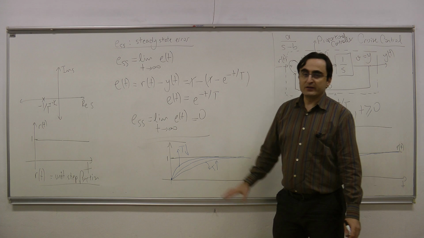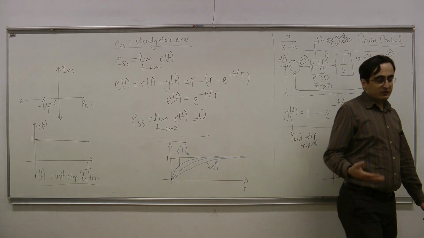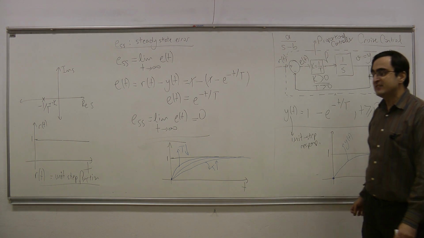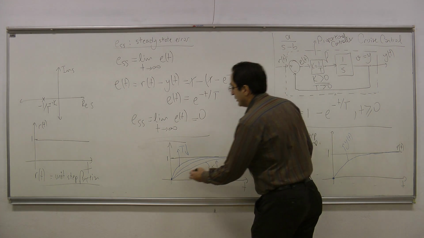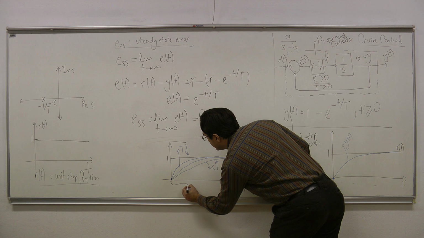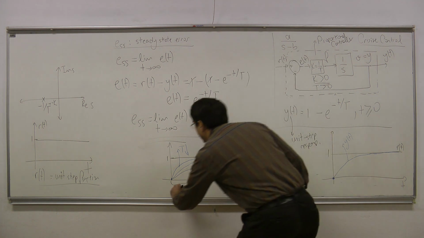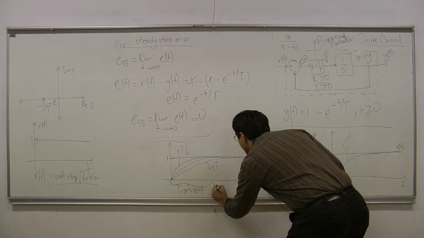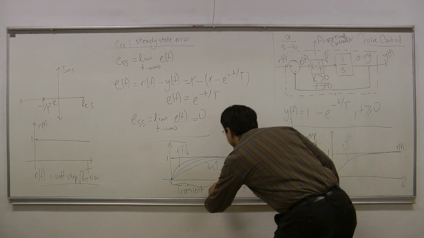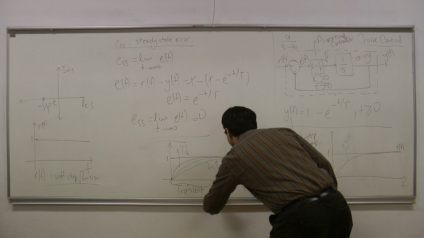And that difference is what we call the transient part of the response. So we call this part of these responses the transient part, and this part, when we have the convergence, the steady state part.